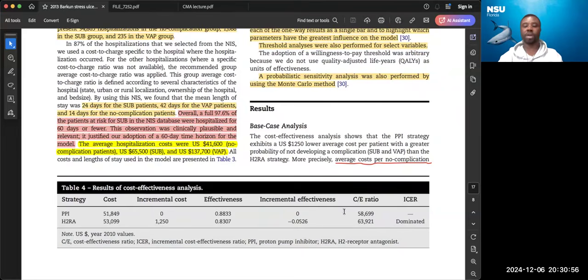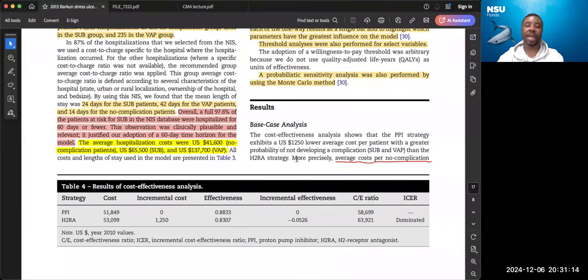In order to do the calculation, they were saying, for example, that the cost difference between the PPI and the H2 array is 1,250. It was reported here, and here I've underlined this one.